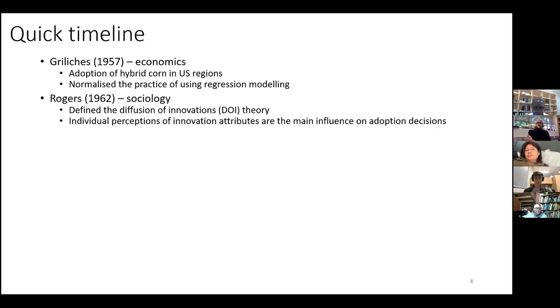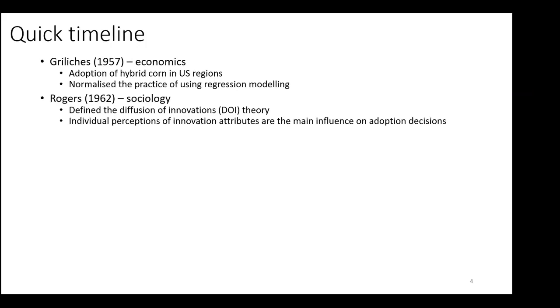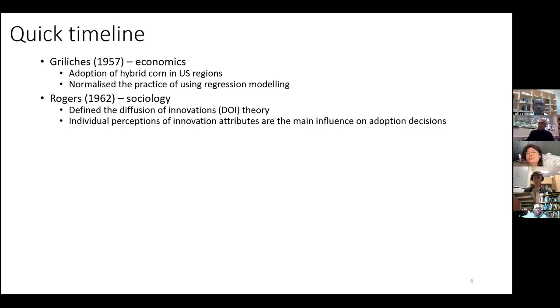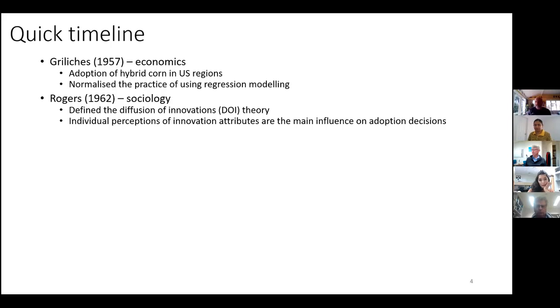Just about the same time, Everett Rogers was developing the diffusion of innovations theory that became really influential in the field. According to this sociological theory, what mostly decides the decision to adopt is individual perceptions about the innovation attributes.